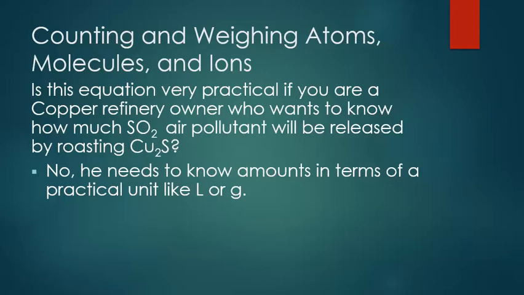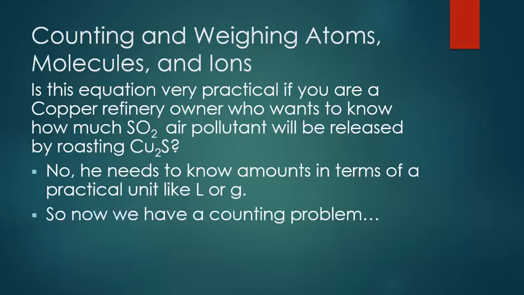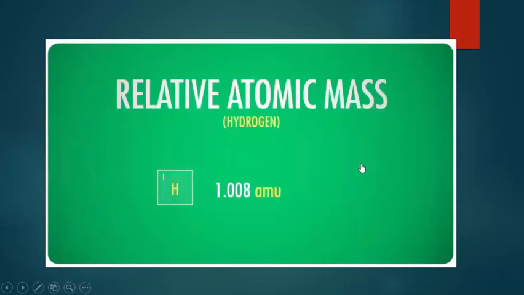No, they're going to want to know things in terms of liters or grams of sulfur dioxide that are being emitted. So that balanced equation is wondrous and beautiful, but it's not very practical. There has to be a way of converting those numbers into numbers that can be measured, like liters and grams. So, let's begin by explaining a little bit about how this all works.